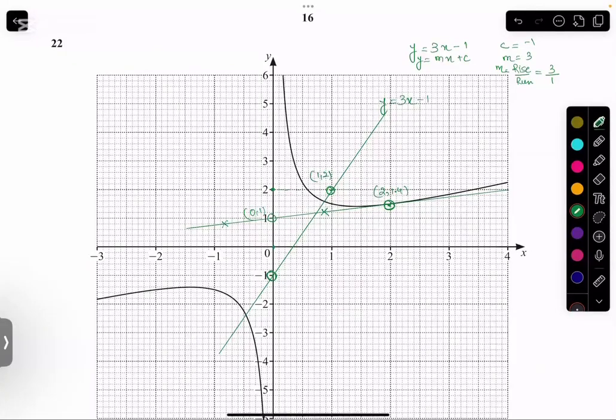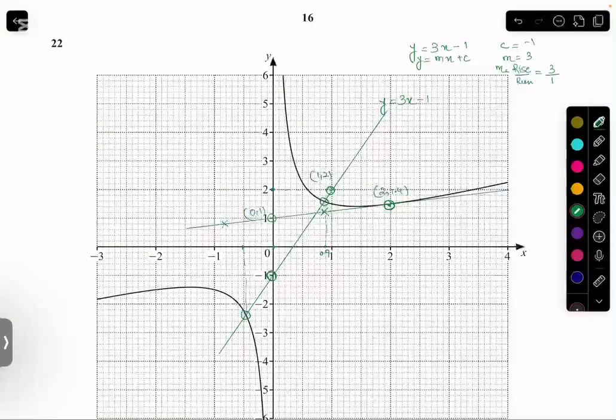So just reading the values which I have as the intercepts of the given graph and the straight line, I can see that this value here is 0.9, and this value here is approximately negative 0.5.